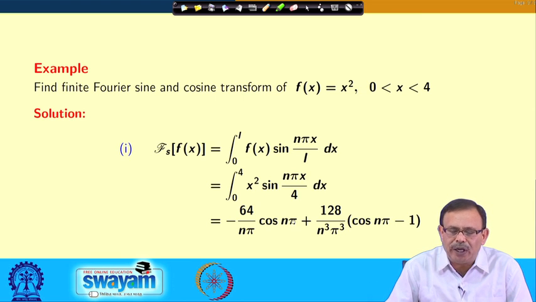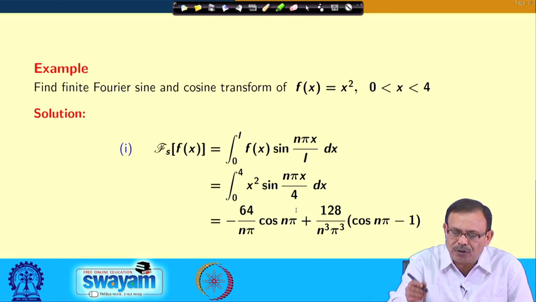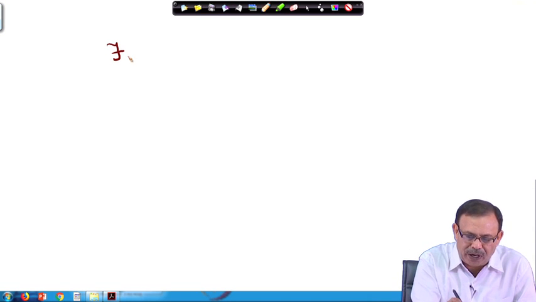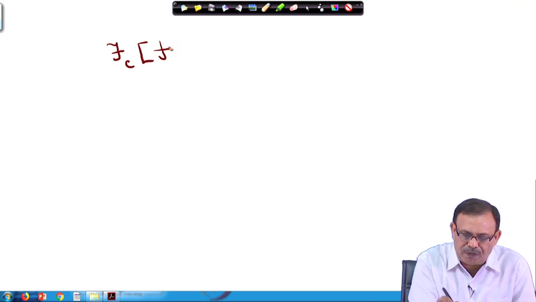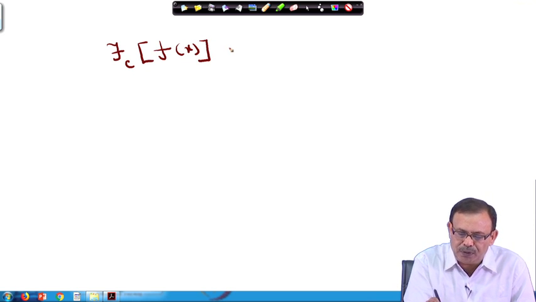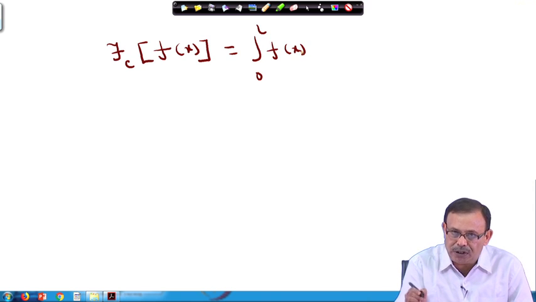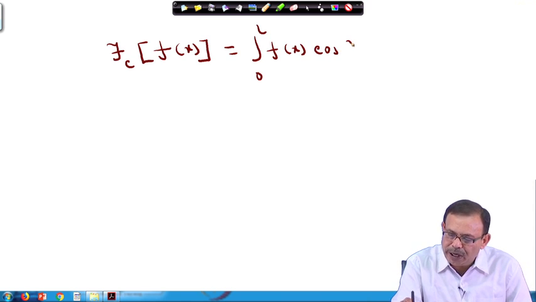In the same way I can find the Fourier cosine transform also. Let us see it. The finite Fourier cosine transform of f(x), F_c of f(x), from the definition is the integral from 0 to L of f(x) into cos(n pi x by L) dx.